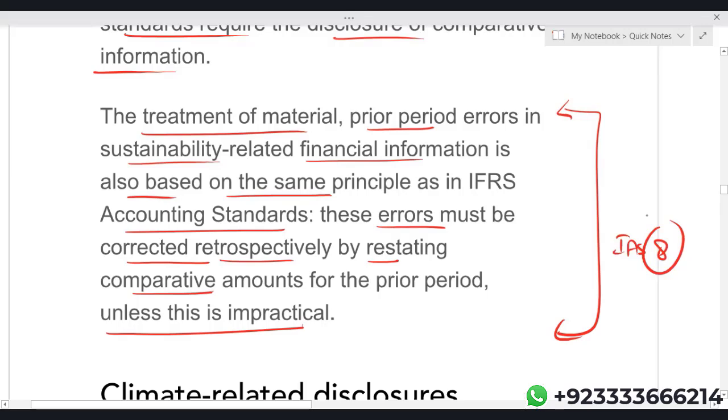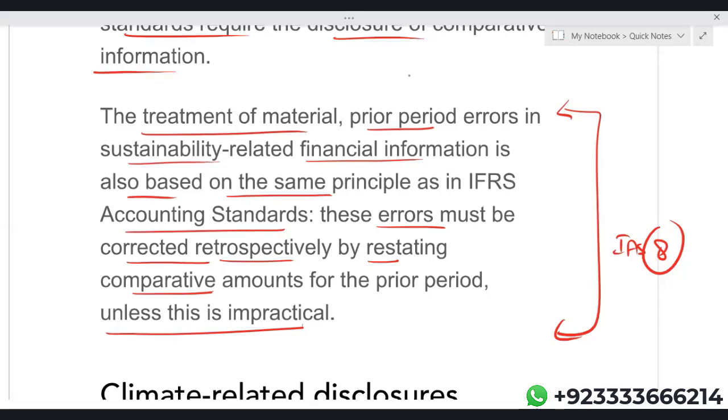Let me repeat the question. If you find a question in the exam that asks what are the similarities between, let's say, S1, or you can say the sustainability standards, and other standards. So students, if this question gives you 5 marks, you should be getting 5 out of 5. So what are the similarities between other standards and sustainability standards?